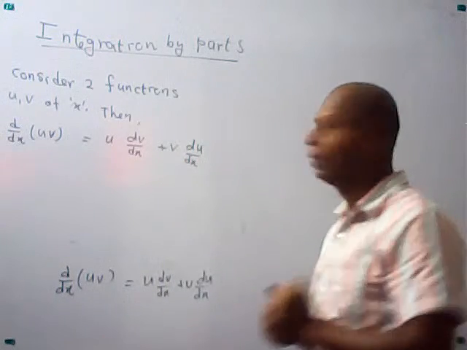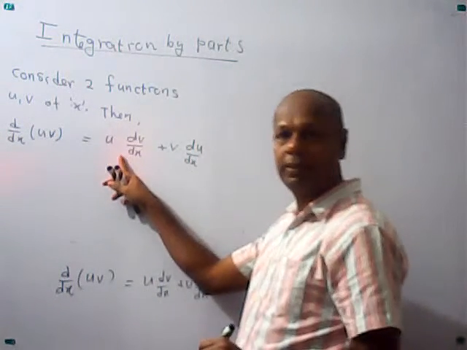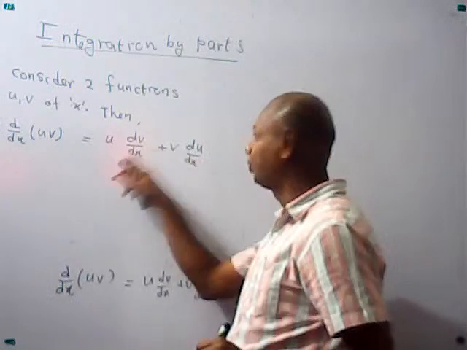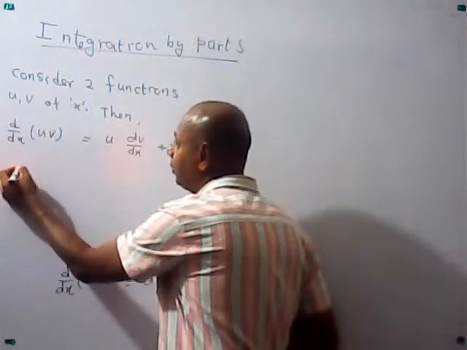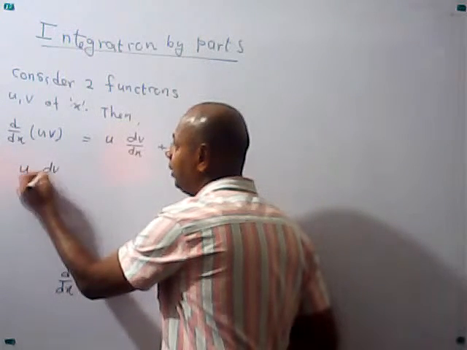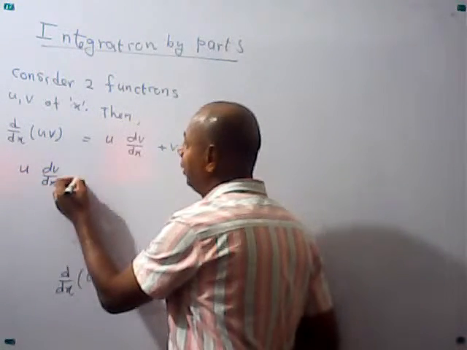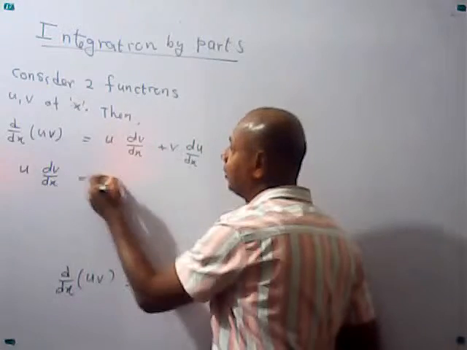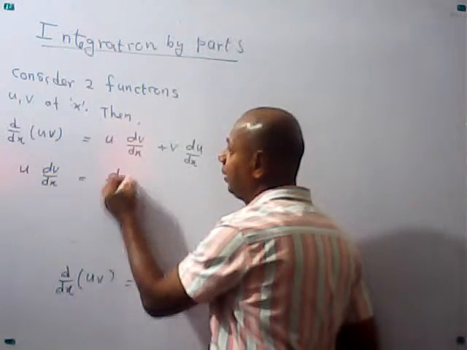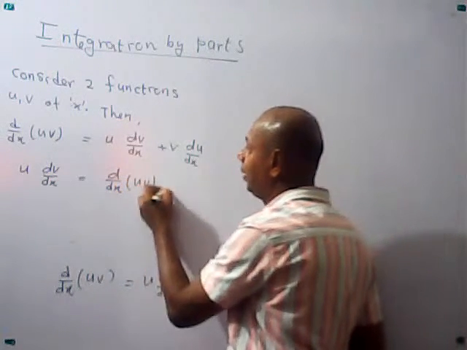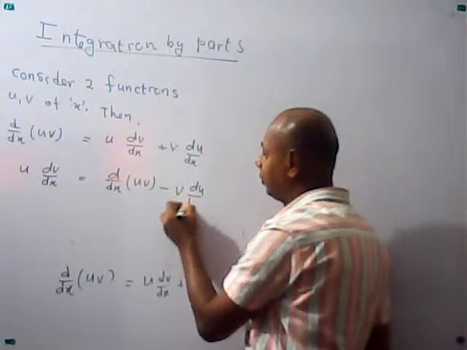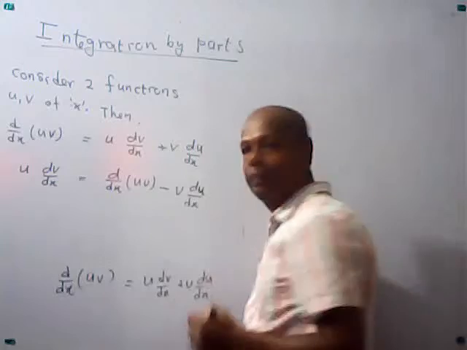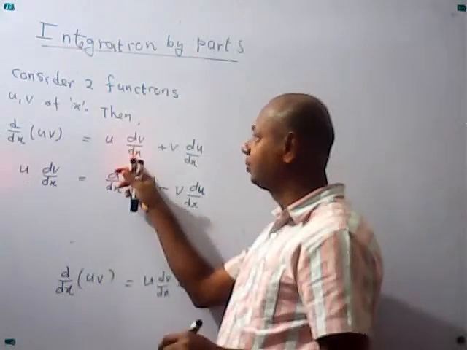Right? So now I will make one of them the subject, mostly this one. Making u dv by dx the subject, u dv by dx equals this taken to the other side, d by dx of uv, minus v du by dx goes to the other side. Right? Making this the subject.